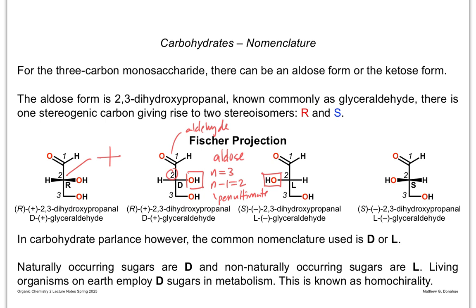So naturally occurring sugars have the D configuration at the penultimate carbon. And unnatural sugars are L. So we basically metabolize D sugars. Your body's not set up to metabolize L sugars in the same regard.